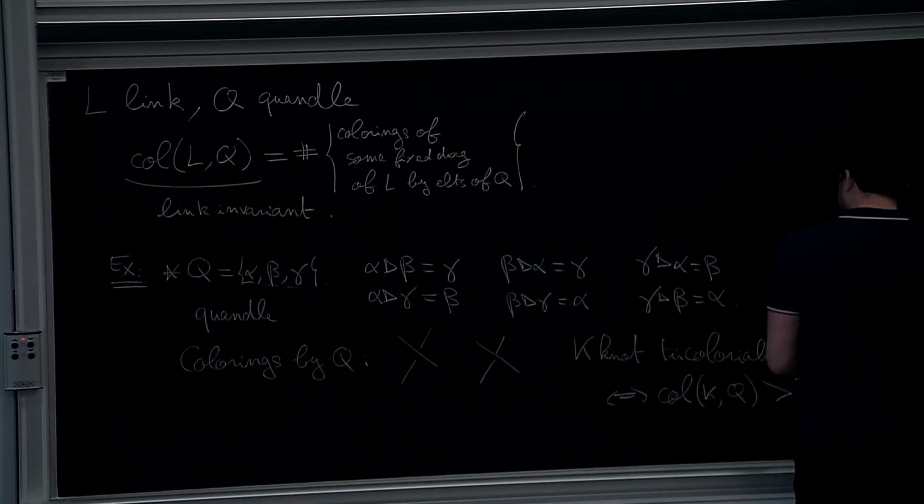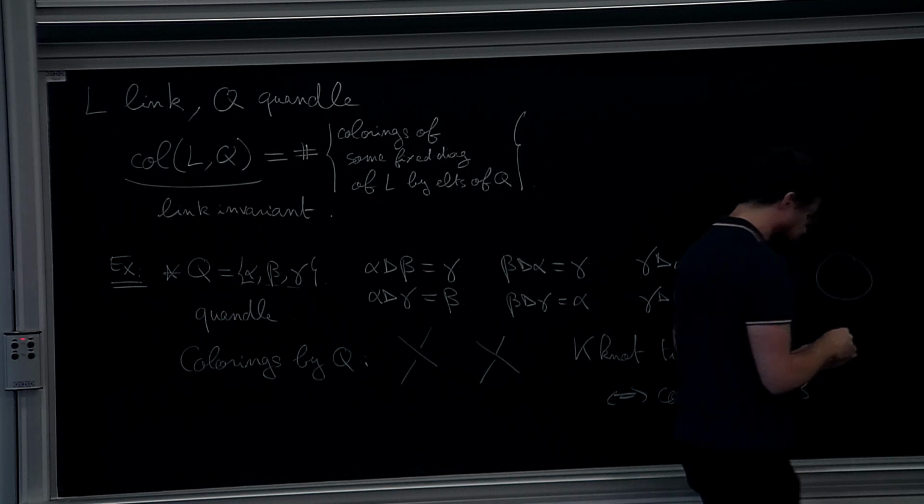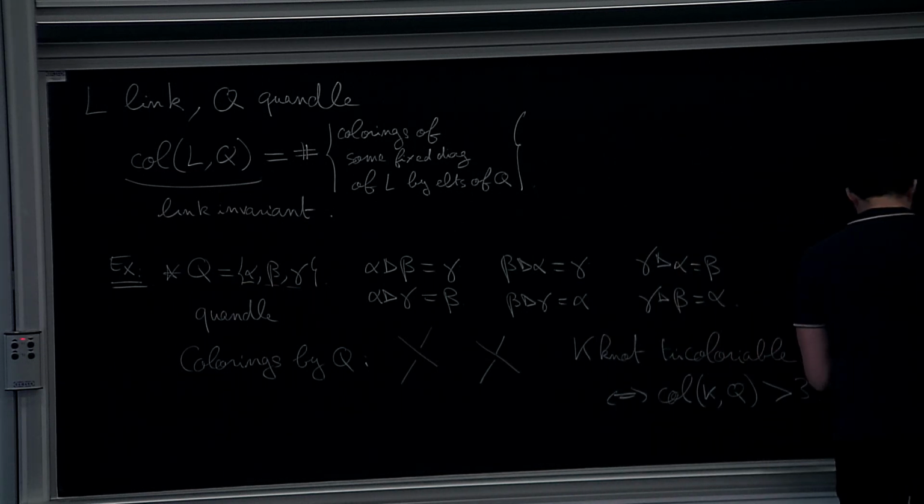So this is classically a proof. It allows us to prove that the trivial knot, which is not tri-colorable, obviously, is different from the trefoil knot, which has this obvious 3-coloring, not so obvious if I draw it like this.